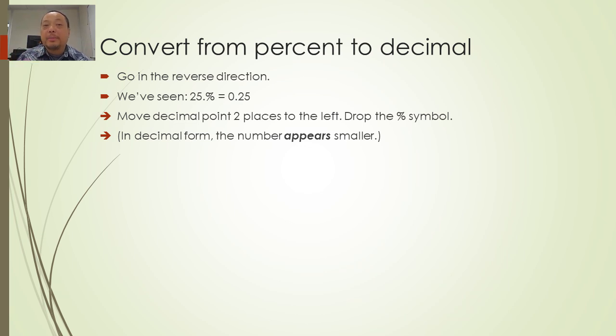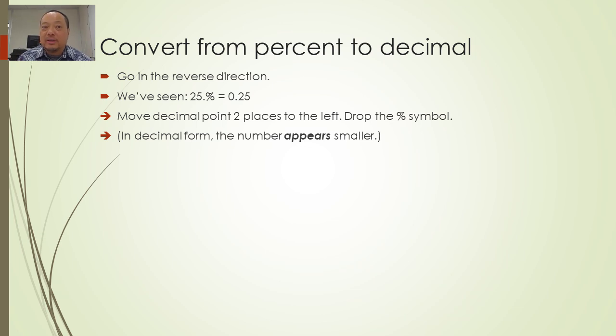Now, it may be hard to remember which way to move the decimal point. Is it to the left or is it to the right? Because sometimes we move to the right when we convert from decimal to percent. And then when we convert from percent to decimal, we move to the left. So which one is it? How do you remember it? So here's the trick. Just remember that when written in decimal form, the number appears smaller than in percent form.